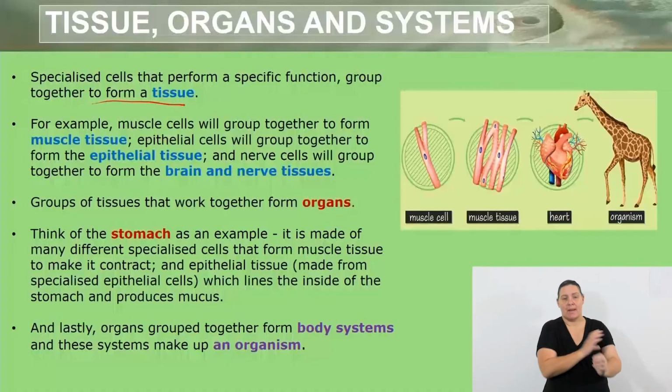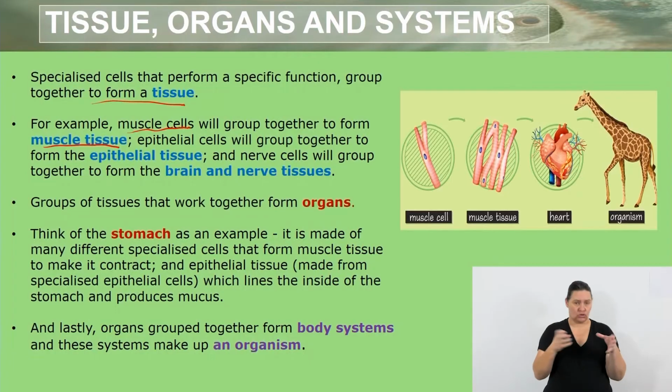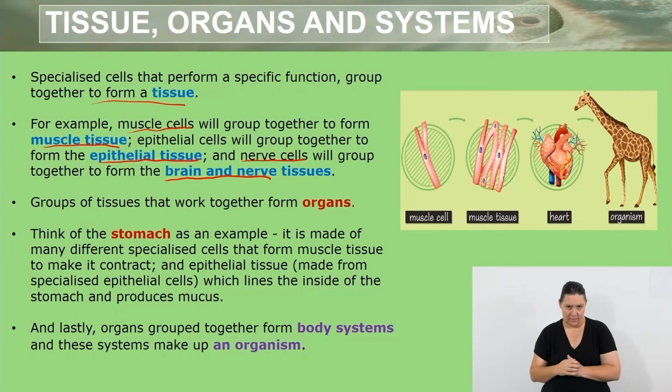For example, we have muscle cells that will group together to form muscle tissue. So epithelial cells will group together to form epithelial tissue. And nerve cells will group together to form brain or nerve tissues. So basically what we are trying to say is that when cells are grouped together, they form tissues.